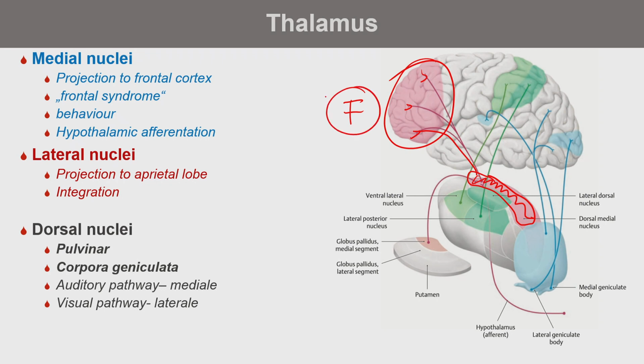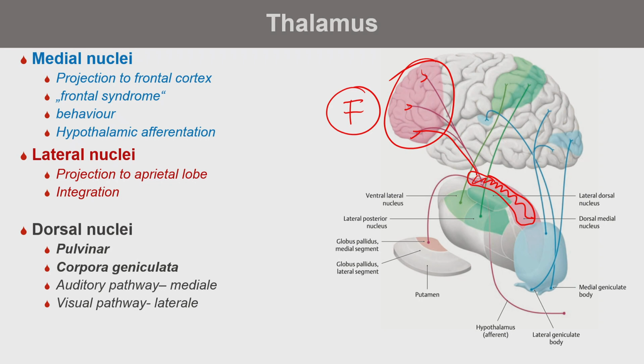And when something is related to the frontal lobe, it is related to behavior. Patients who have damage of the frontal lobe or these medial nuclei could have problems called frontal syndrome. Frontal syndrome is improper behavior, especially in sustaining hygiene and having normal relations with other people. So they have a very important input into the frontal lobe and then for behavior.